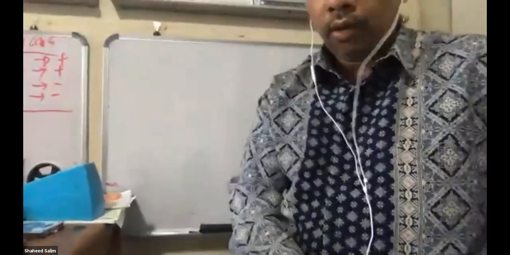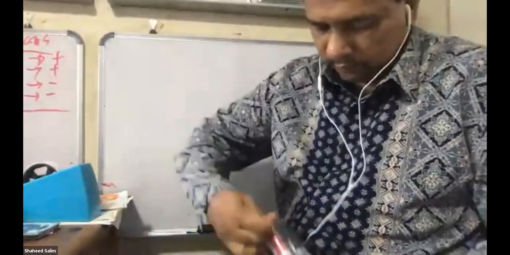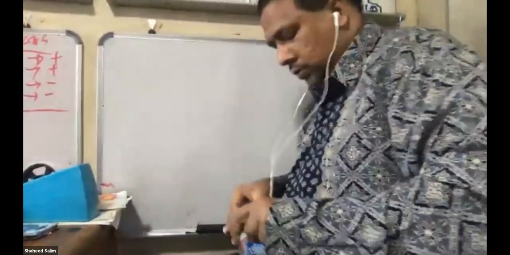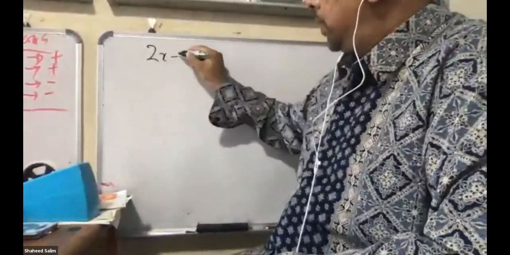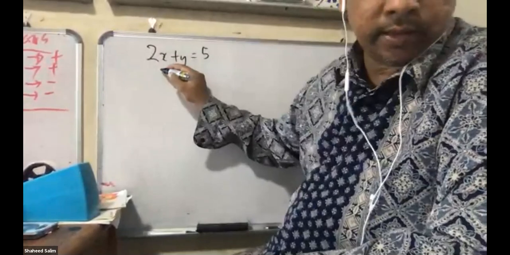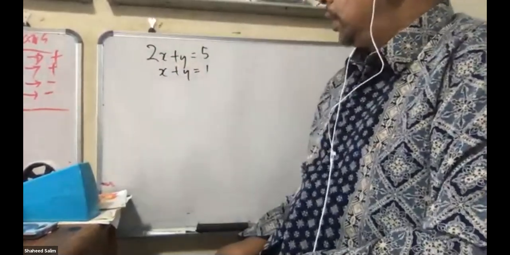Okay. So you roughly know the steps, but I think you are a little bit confused. Now there's two equations here. You have 2x plus y equals 5, and x plus y equals 1.